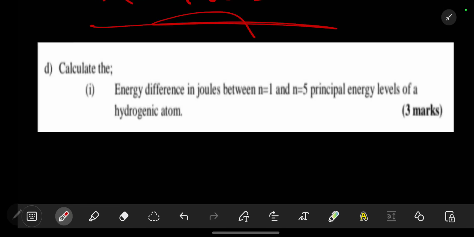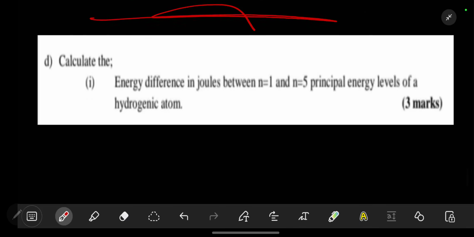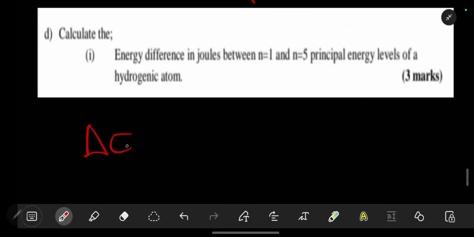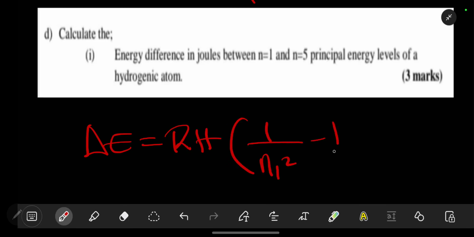So if we have the energy difference in joules between N1 and N5, which are principal energy levels of a hydrogenic atom, to find the energy difference we use Rydberg's constant times 1 over N1 squared minus 1 over N2 squared.